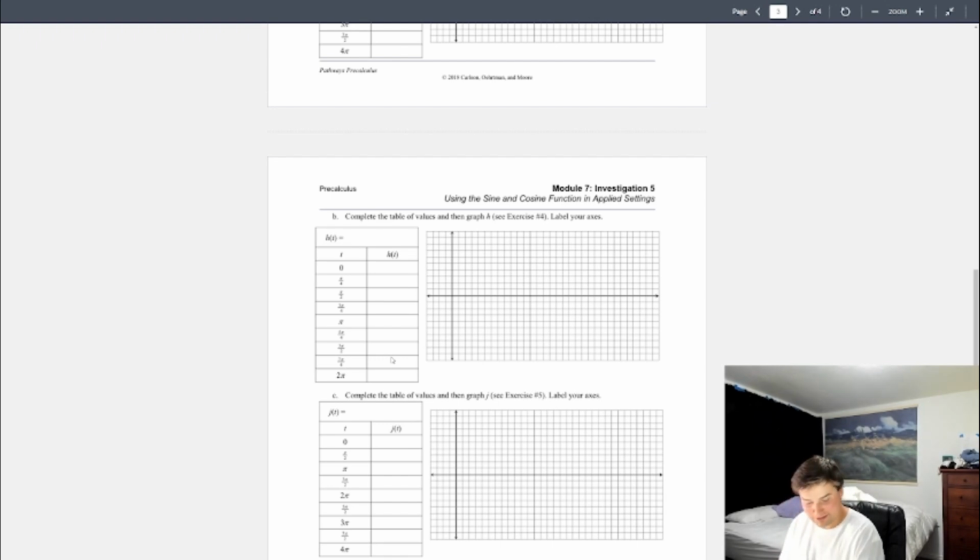Graph H. This is the 2 radius lengths. Okay, so sine.